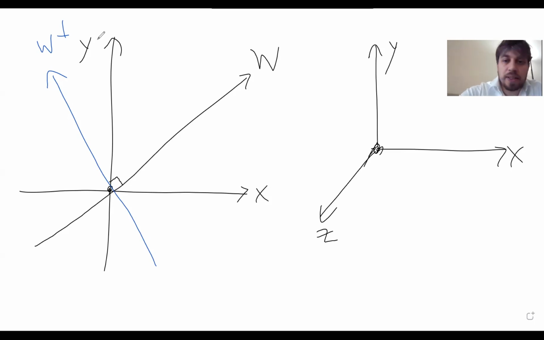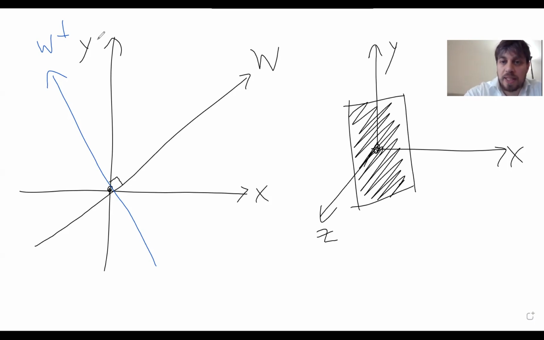If you have a plane, so if your space W is a plane that goes through the origin, that contains the origin, and it's a plane, so it goes out in all directions. If you have a line, we're in R3, so you have a two-dimensional plane, and its orthogonal complement, W perp, is one-dimensional. 2 plus 1 is 3, right?